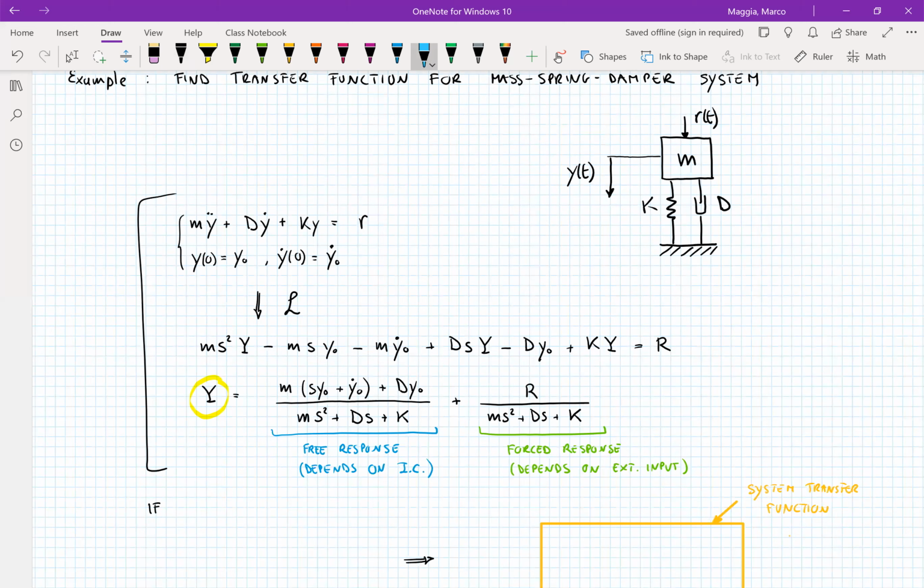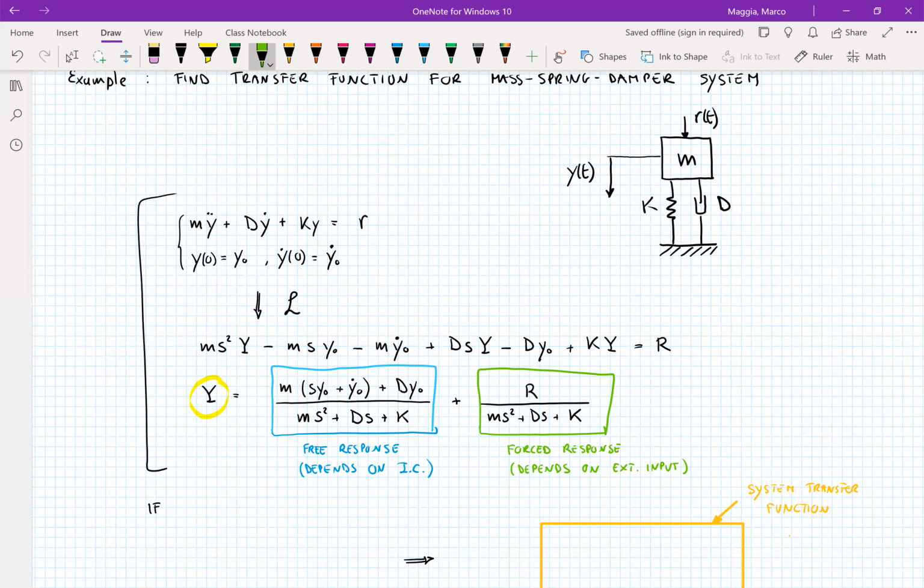The first term is the free response, which, as I said, depends only on the initial conditions, plus the forced response. The forced response depends exclusively on the external input, in this case the external force applied to the mass, and does not depend on the initial conditions.